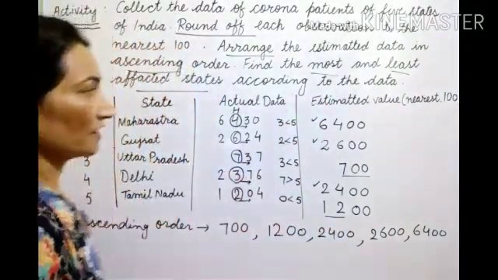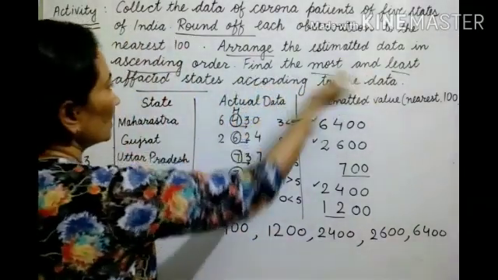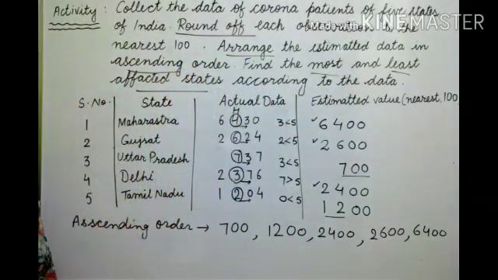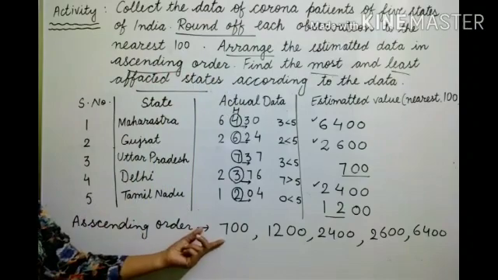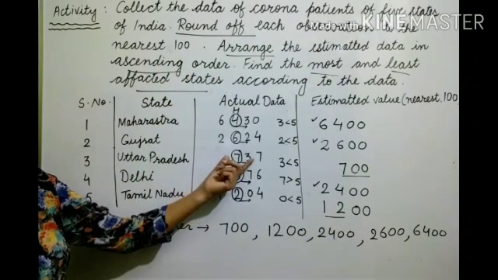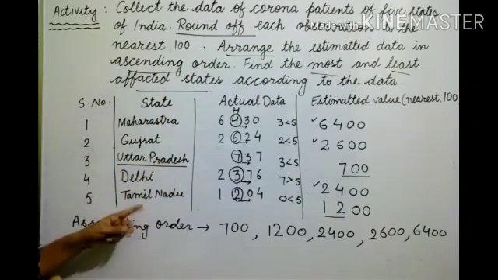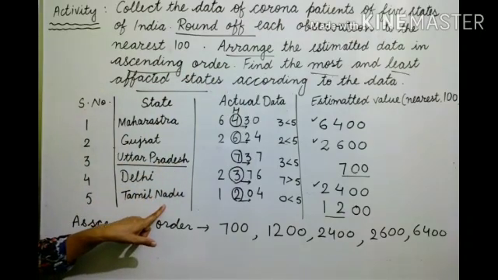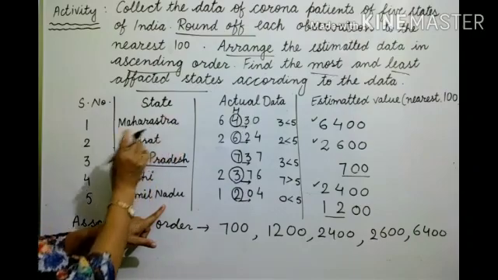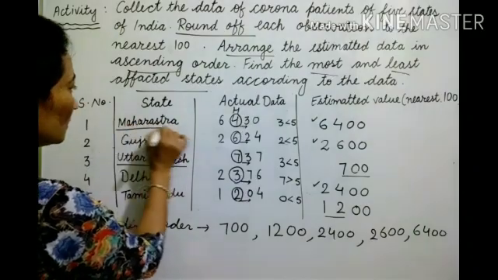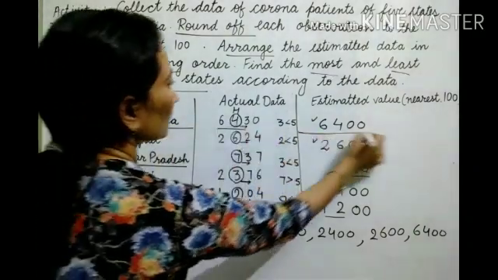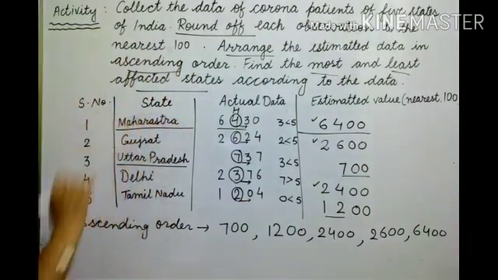Now what is asked next? Find the most and least affected states according to the data. Least means having the smallest number of patients, which is Uttar Pradesh, and the most affected state is the one having the highest number, that is Maharashtra.